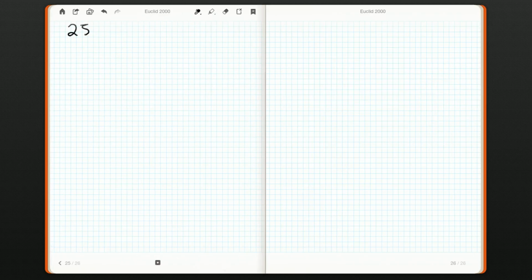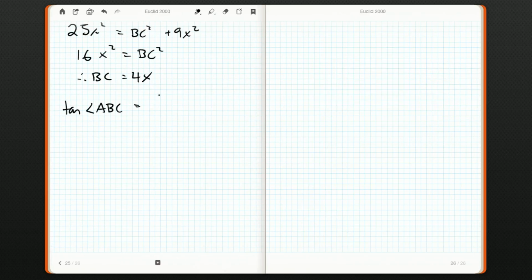So if we expand that out, 25x squared is equal to BC squared plus 9x squared. And if we rearrange that, we get that 16x squared is BC squared. So BC is 4x. And that gives us everything we need to figure out this ratio.